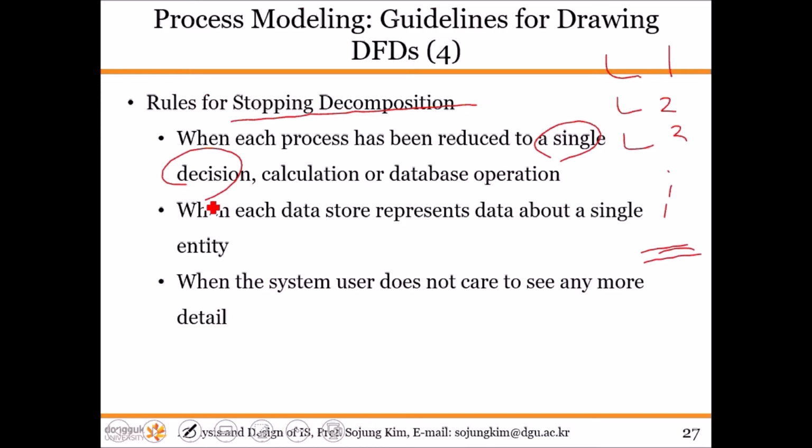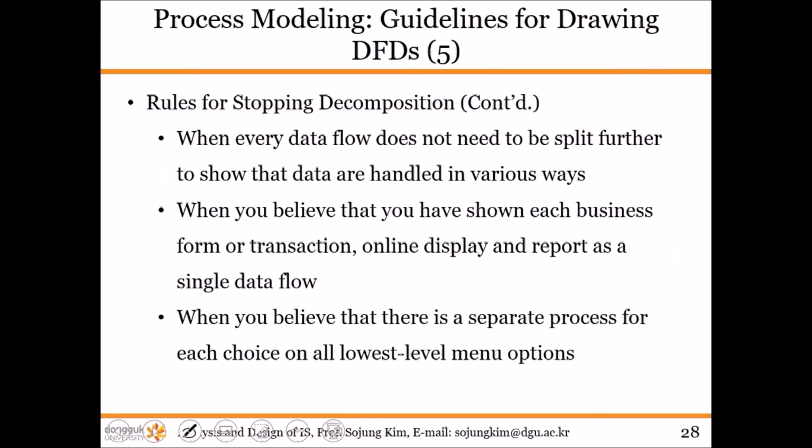So when each data store represents data about a single entity, right? And system users do not care to see any more detail. Right? If your system user does not care to see any more detail, then you can stop, right? Also, when every data flow does not need to split, so no need to split, then you can stop, right?